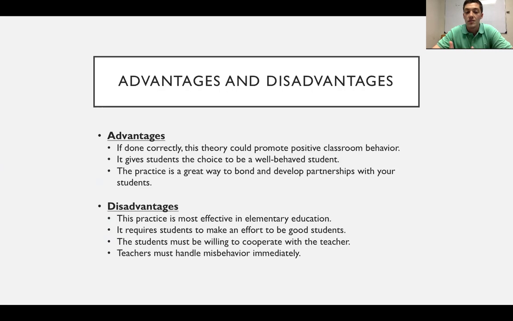And whenever a teacher sees misbehavior, they have to pay attention to it and address it immediately. If you don't address it immediately, it could be ineffective. So that can be very hard to implement, because you have to remember to address the behavior as soon as it happens.